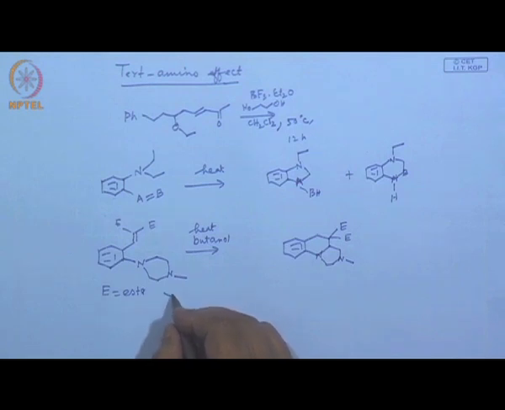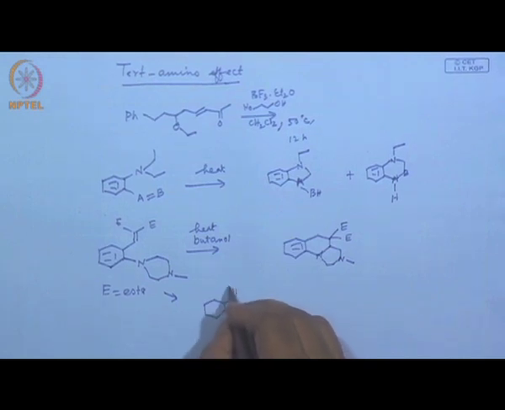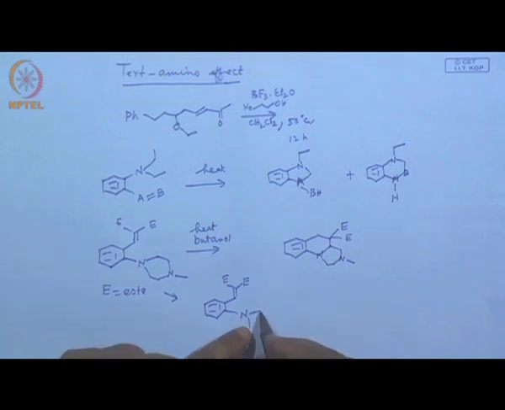The mechanism, I can just write in a simplified way. Let us say this E means electron withdrawing group, double bond and nitrogen here, and this is what I said is a tertiary amine. That means these two should be alkylated, and the tertiary amine should be such that there should be an alpha hydrogen.